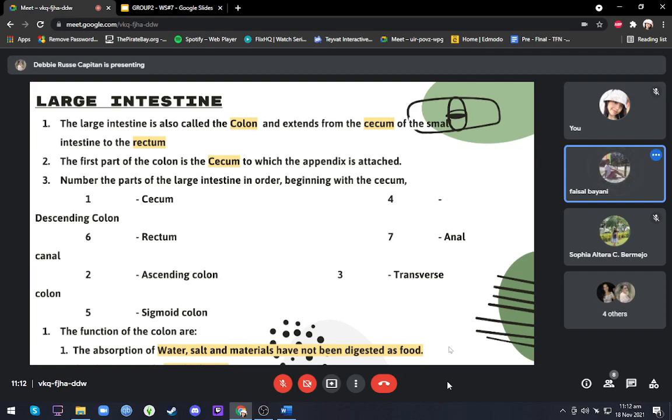Cecum 1, then rectum 6, ascending colon 2, sigmoid colon 5, descending colon 4. We have anal canal number 7, and transverse colon 3.